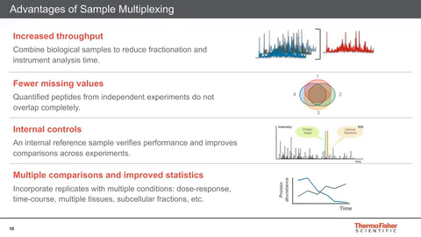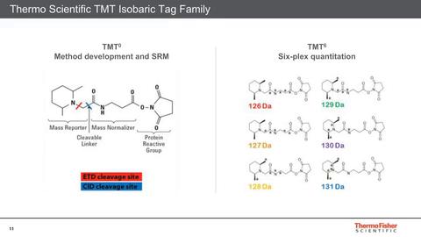Another advantage is that one of the channels can be used as an internal control to verify method performance or as a reference channel to compare data across multiple runs. And finally, higher multiplexing enables more comprehensive experimental design, which can incorporate more replicates and more samples, such as those from dose response curves or time course experiments.